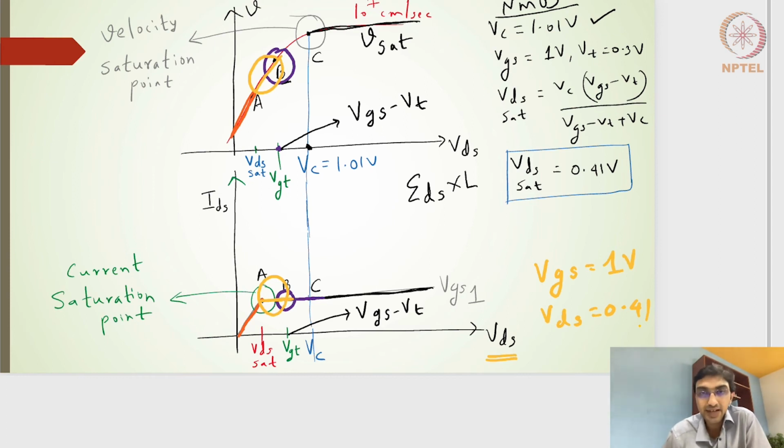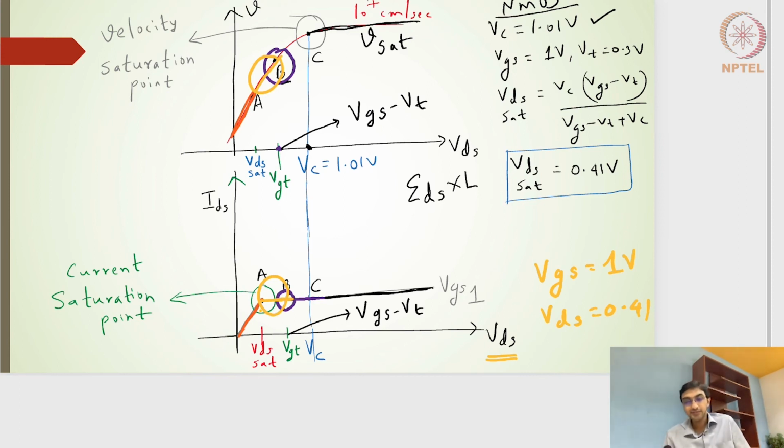What it really implies is that in an NMOS, which is a short channel transistor, according to the short channel model, the saturation current is attained much earlier than VC and also the pinch off point, which is VGS minus VT. So it is attained at point A and not at point B or C.